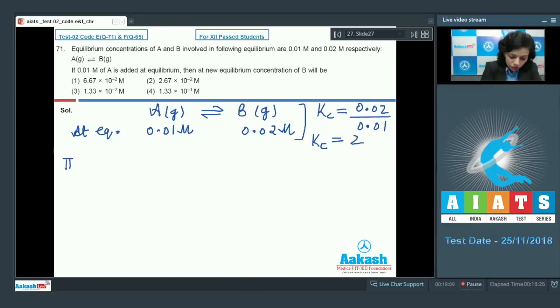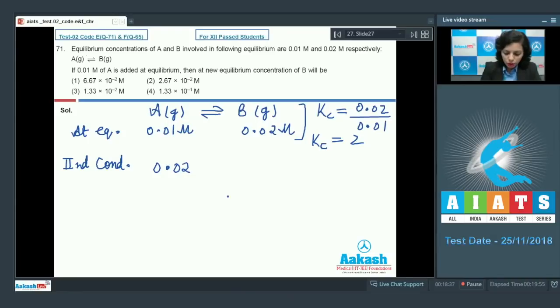Now, in the second condition, if 0.01 molar of A is added at equilibrium, it means the amount of A further added to the reaction mixture is 0.01. And now, in the second condition, the amount of A becomes 0.02 because previously it was 0.01 and now you have added 0.01 again. Now what about B?